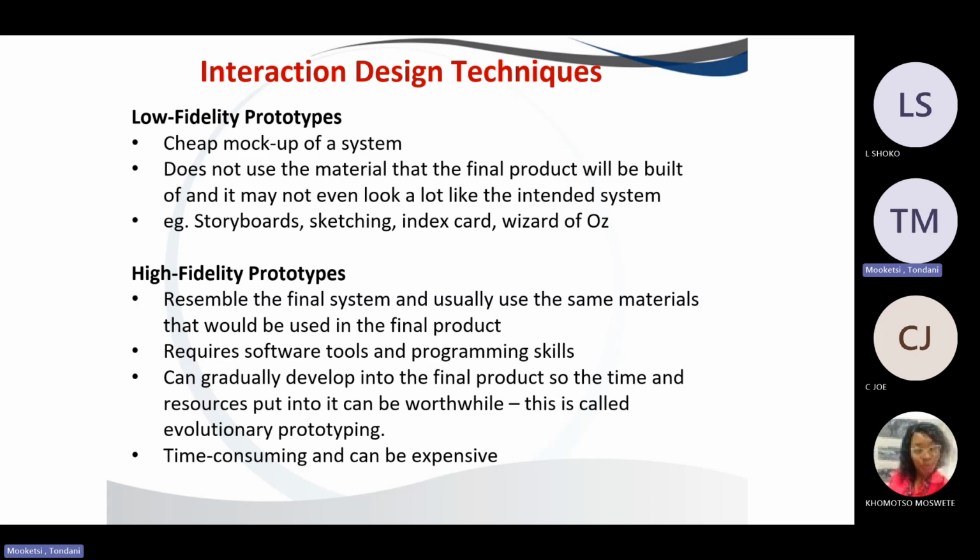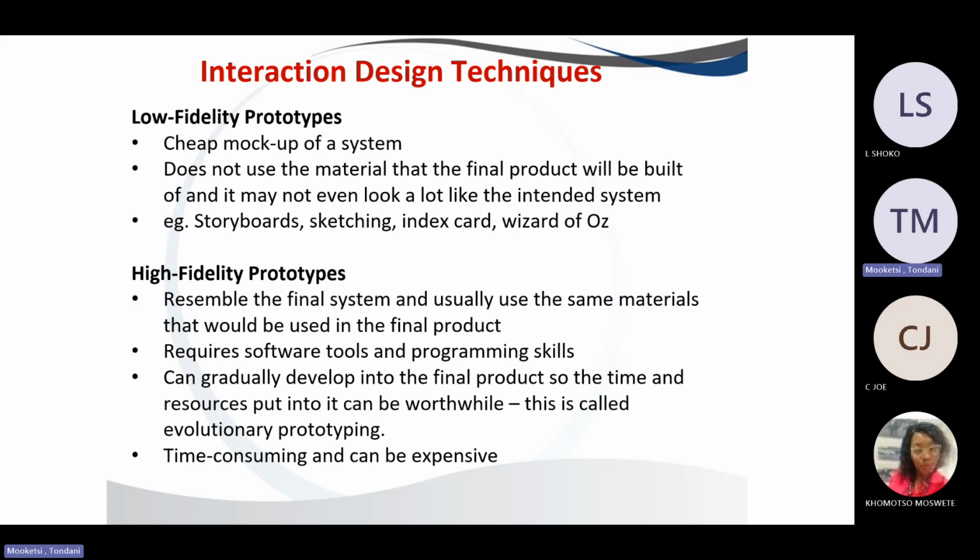Then we also have high fidelity prototypes, which resemble the final system and use the same material. So it is similar to the final product, but this one will require software tools and programming skills before the prototype can be ready. And it can gradually develop into the final product. So it requires time and resources.